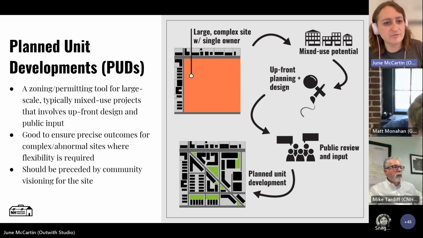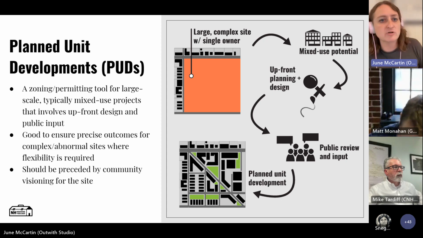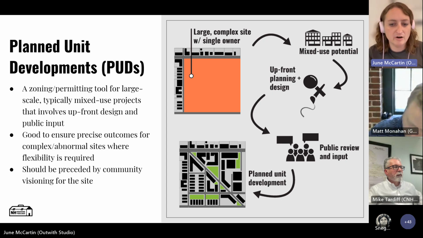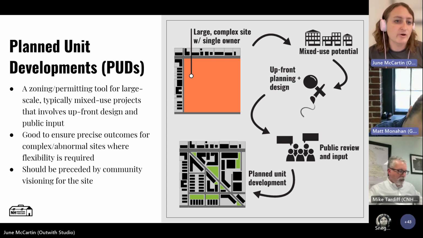So again, it's complex, abnormal sites. You need flexibility. Typical zoning is just going to produce something that's suboptimal. Planned unit developments, or PUDs, as some people say, are tools to get the outcomes you want.